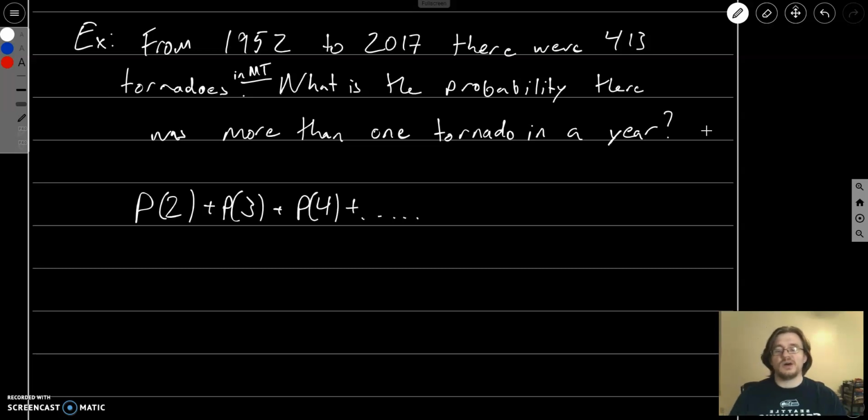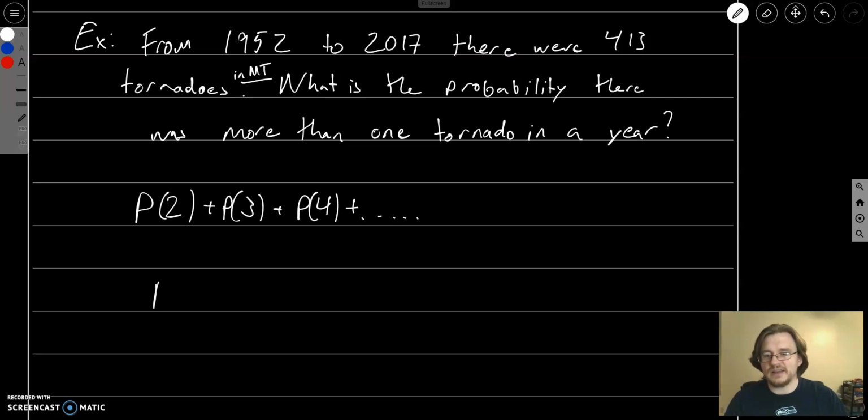and so forth. Well, that's a lot of numbers, and in fact, this won't end, because I could have the probability that there were 100 tornadoes, probability that there's 1,000,000 tornadoes, probability that there's 1 billion tornadoes. This would go on forever. So I need to find a better way to do this, and what I'll do is I'll use the complement.